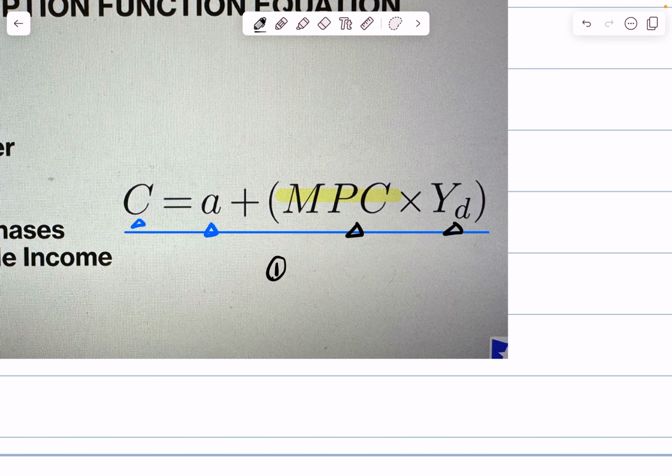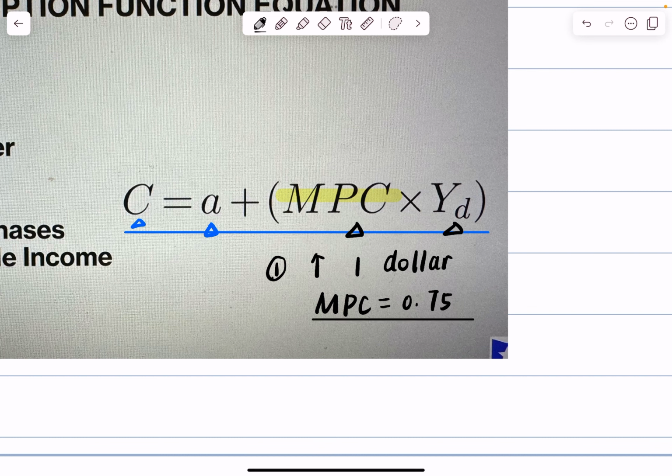If your disposable income increases, say by $1, and your MPC equals 0.75, it means that you would like to use $0.75 to consume and use 0.25, the remaining part of your increasing income, to save.